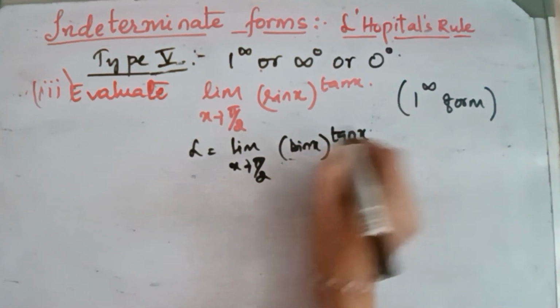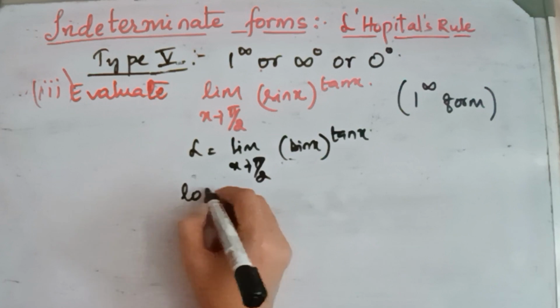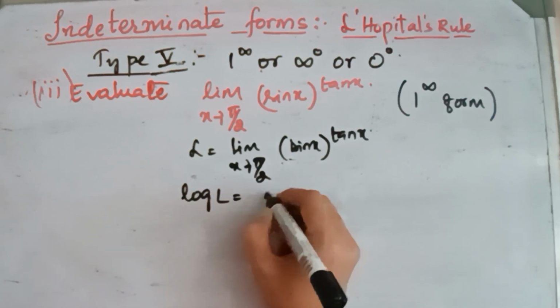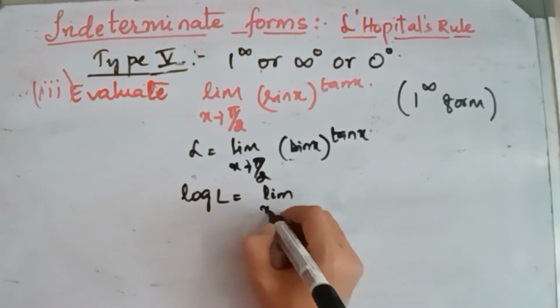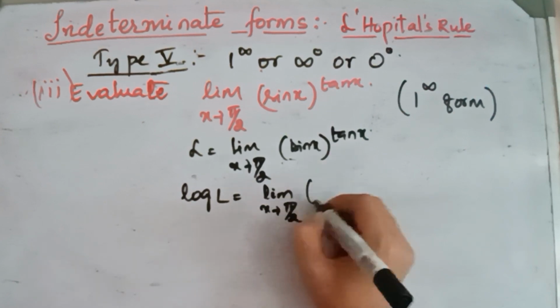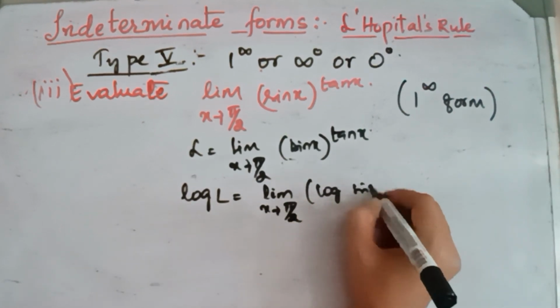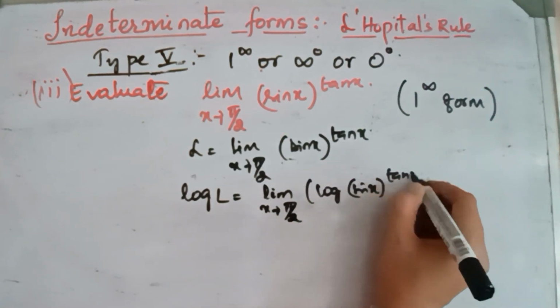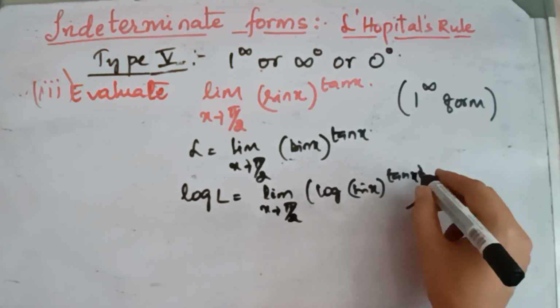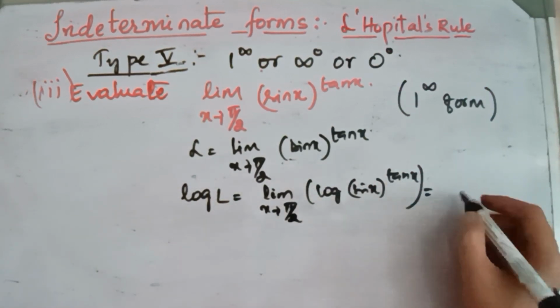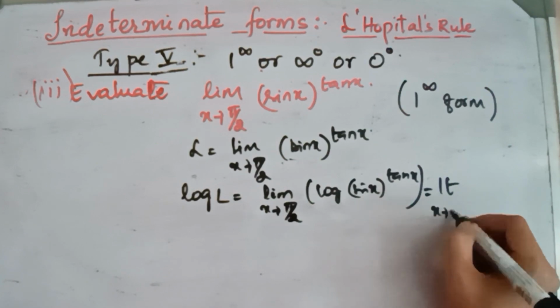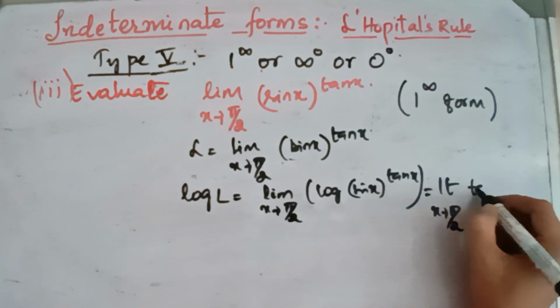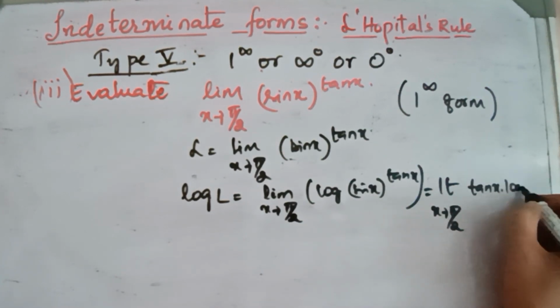Now apply natural logarithm on both sides. Log L equals the limit as x tends to pi by 2 of log of sin x to the power tan x. Now log of a to the power m is m into log a. So this gives you the limit as x tends to pi by 2 of tan x into log of sin x.